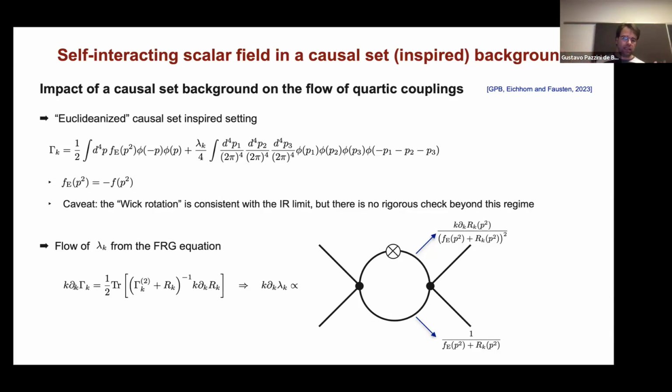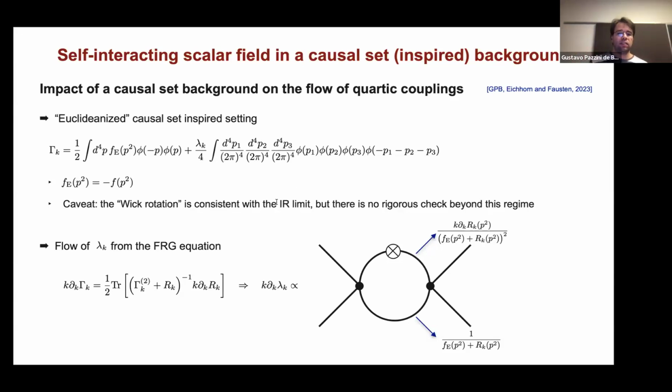And to make direct sense of that, we need to go to a Euclidean scenario. That's quite an important caveat in our analysis, that essentially we do this by defining a kind of Wick rotation for this function f of p squared. And this was a very naive Wick rotation.